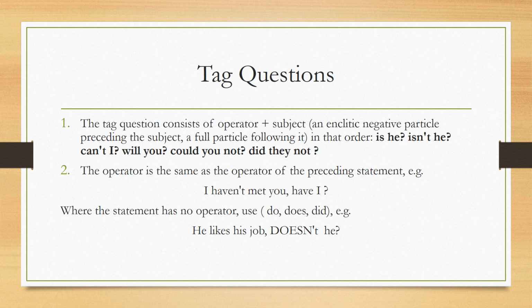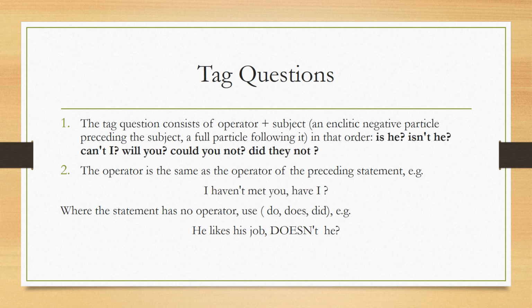And so in spoken language, in the informal English, we said that native speakers prefer to use the short form. In this way, you are going to attach this short form of not to the operator. Put it between the operator and the subject. But in the formal English, mainly in writing, you have to use the complete or the full form of not.